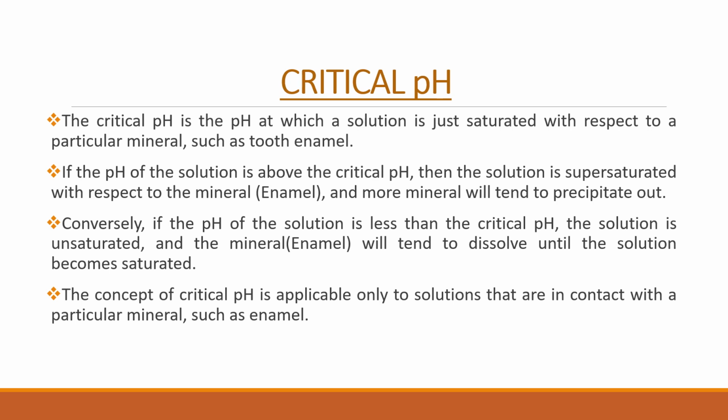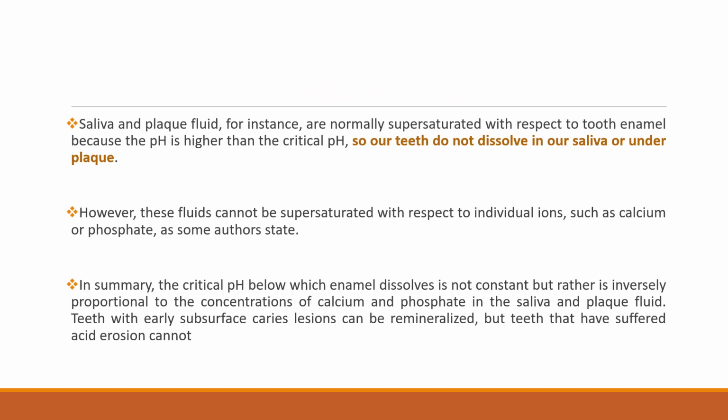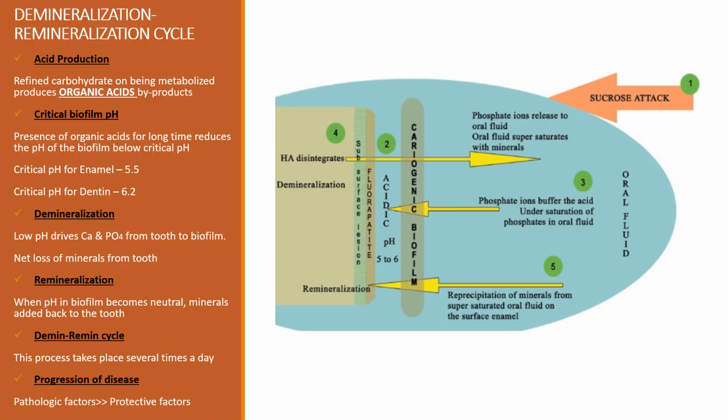And when the pH in the biofilm reaches neutral, then the concentration of calcium phosphate is supersaturated relative to the tooth. So therefore, calcium and phosphate are added back to the tooth structure, resulting in remineralization. This is the demineralization remineralization cycle.